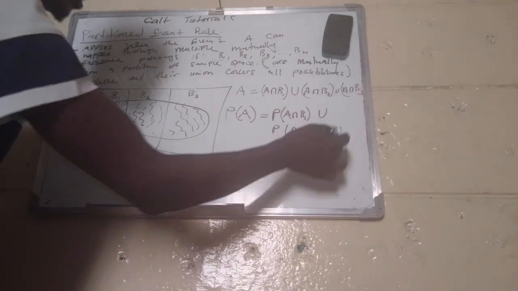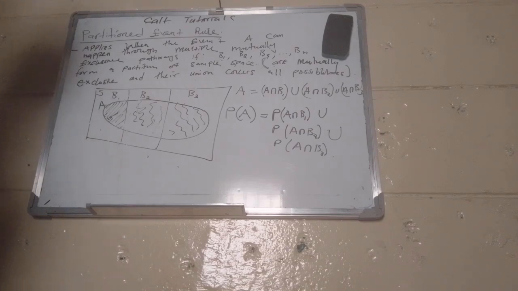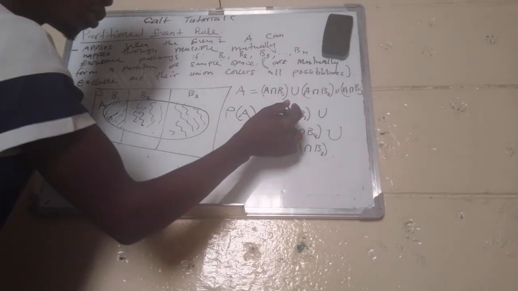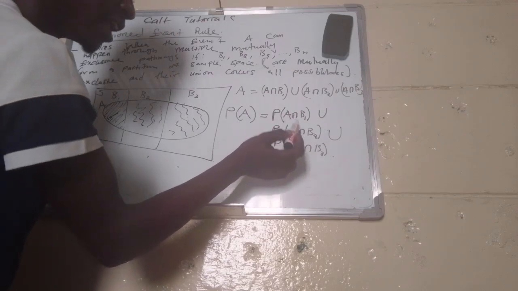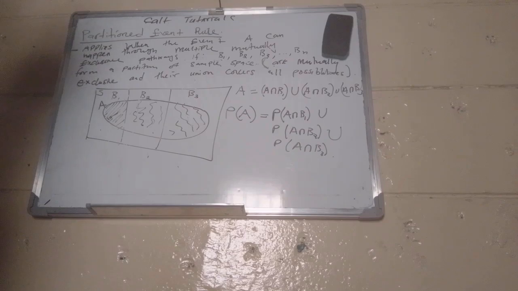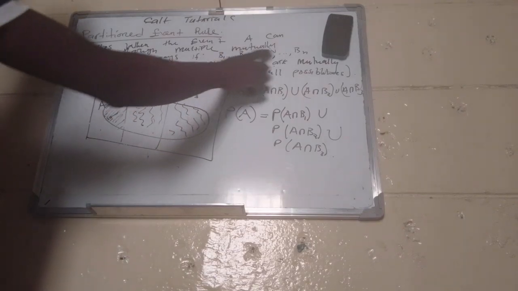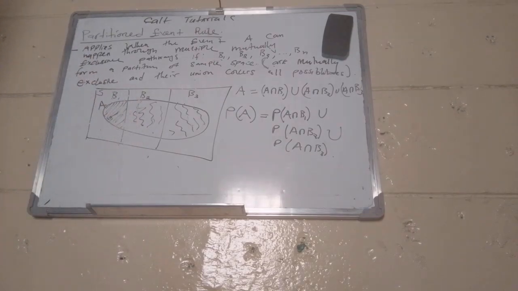So now we have to consider how we find this intersection. This is where we recall the previous rules. The intersection comes from the multiplication principle, with the concept that these are mutually exclusive events.